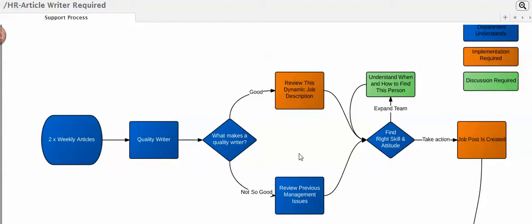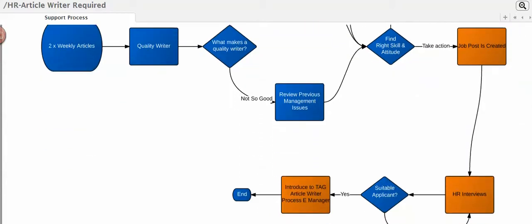But let's say that we found the right skill and the attitude, and we now want to take the next step to action and actually start to create these articles. Okay, well, again, we need to have this person, what I call managing this particular site. We've now set a weekly target of 2 articles per week, and they're working on their site, and they've got to be able to go through.